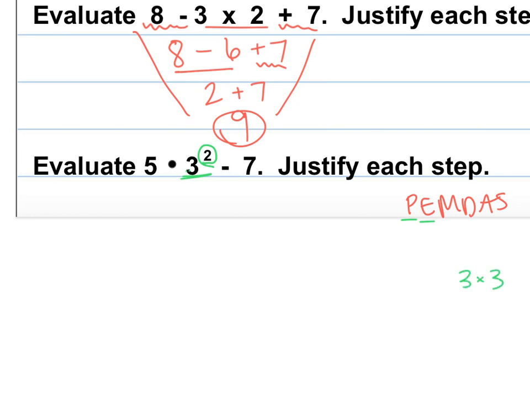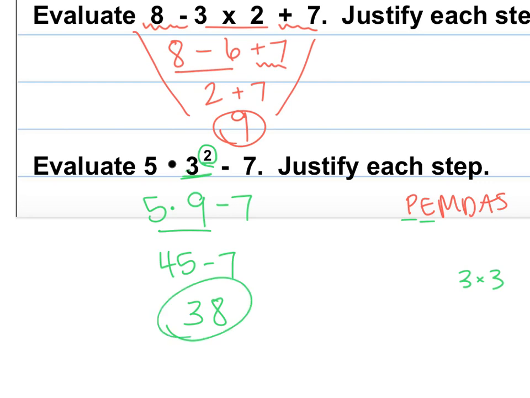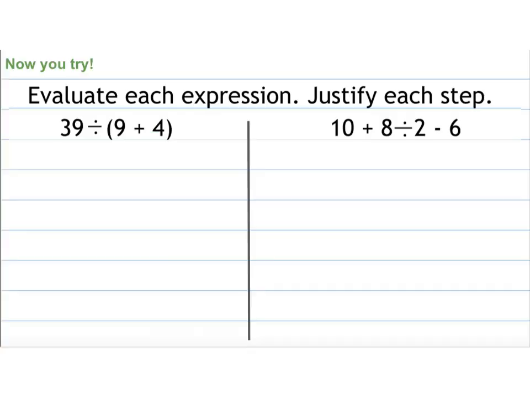So 3 times 3, which is 9. Carry down the rest of the problem that has not been used yet. Next is multiplication and division. So I have this part right here. Well, 5 times 9 is 45. Bring down the rest of the problem. 45 minus 7. Well, 45 minus 5 would get me to 40, and minus 2 more would be 38. Okay, again, working down till I get to my answer, showing all of my work.